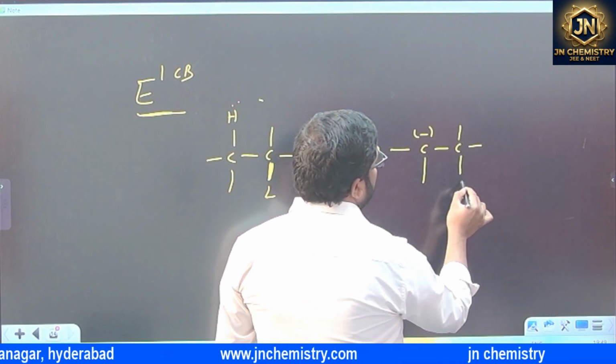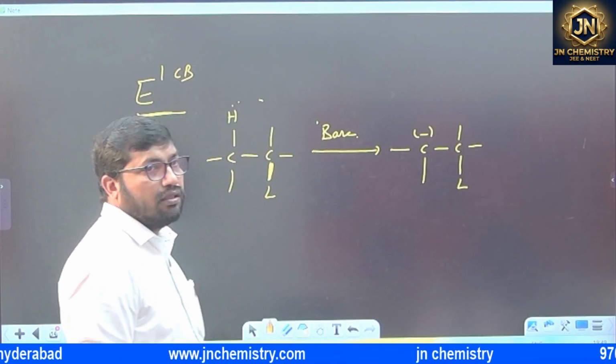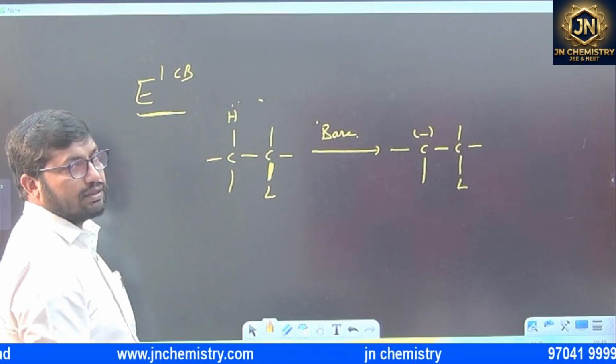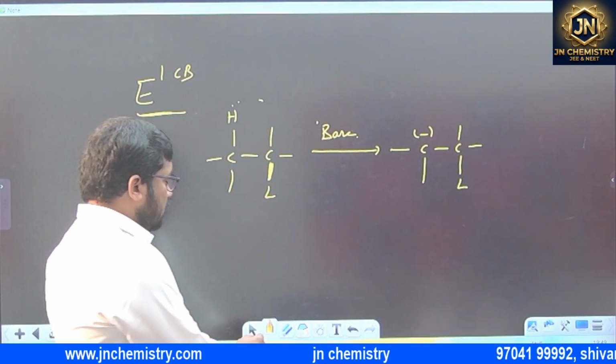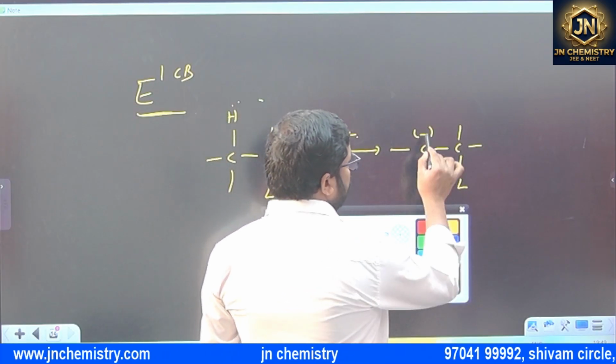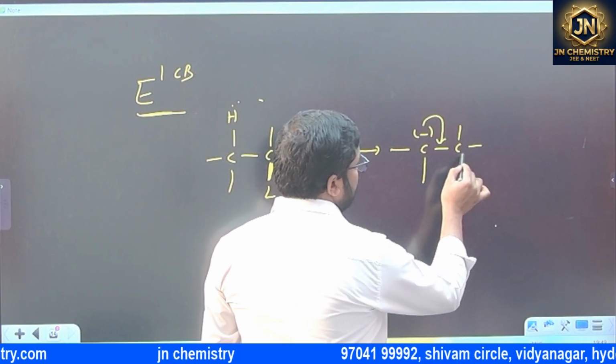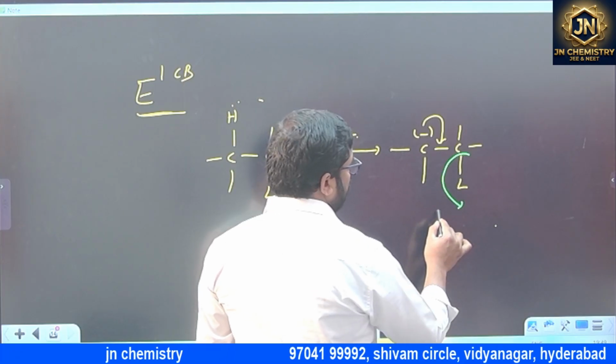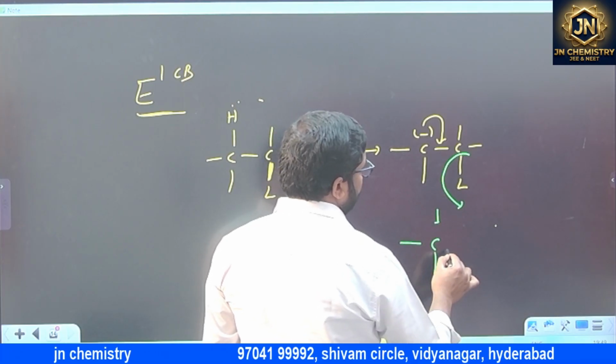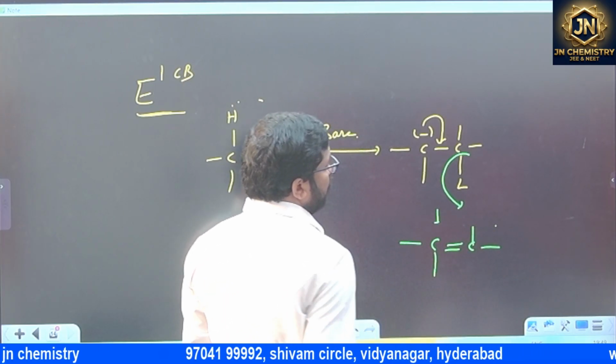An acid-base reaction takes place first. Then this negative charge comes over here, the leaving group goes out, and we get the alkene like this.